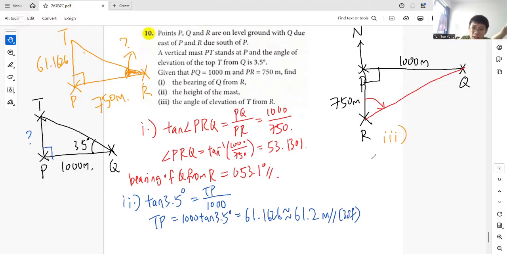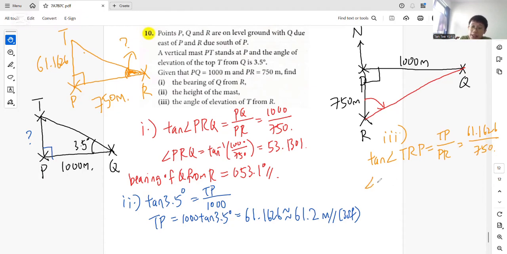So tangent angle TRP equals opposite over adjacent PR, which equals 61.1626 over 750.